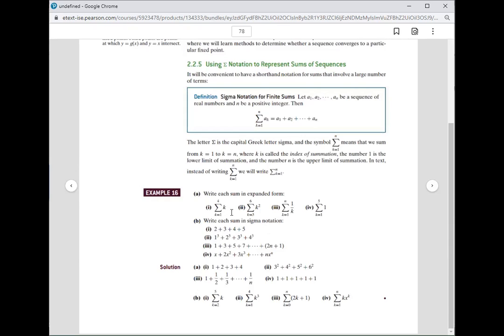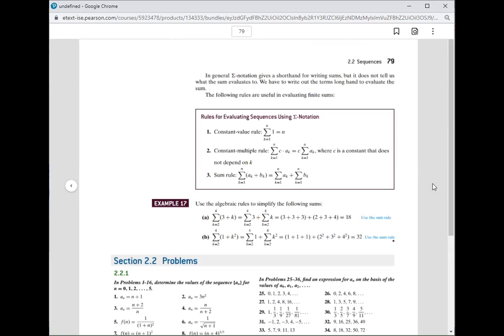This is the problem. Another example. For this one the solution is done here, for this one the solution is done here, and so on. So this is the rule of the sequence using sigma notation.